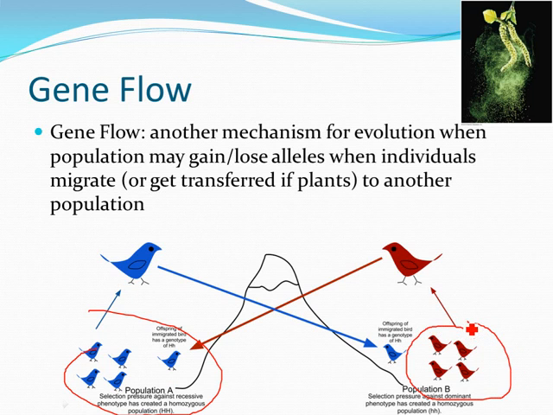However, you'll have some that end up migrating over to the other population, and by migrating, they introduce these alleles into that population. And by introducing those alleles, you end up increasing the genetic diversity as well. So it increases the variation. Okay, so in this case, they're gaining these alleles by migrating over.